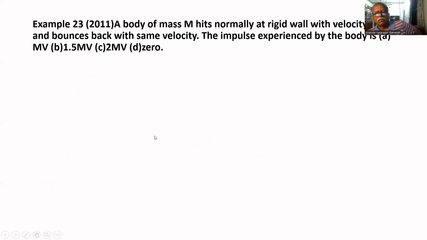A body of mass M hits normally at a rigid wall with velocity V and bounces back with the same velocity.